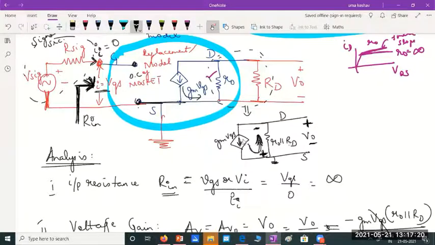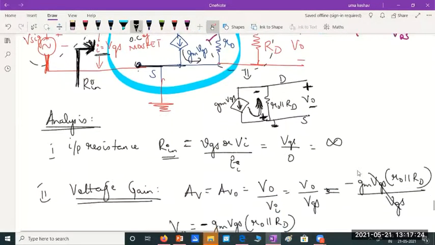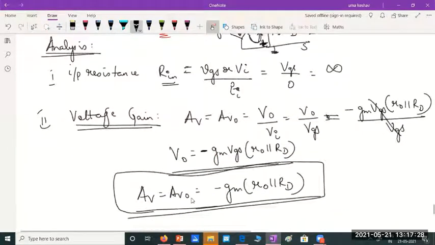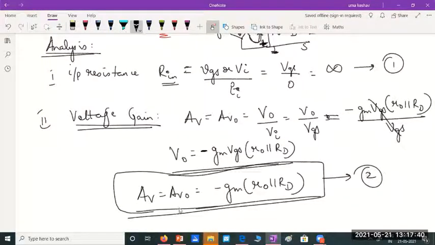Hence, V0 will be the negative of the current into the resistance. And if I want the voltage gain, I just have to divide it by VGS, which will cancel. This will be the expression for voltage gain. Call this equation 1 and equation 2.